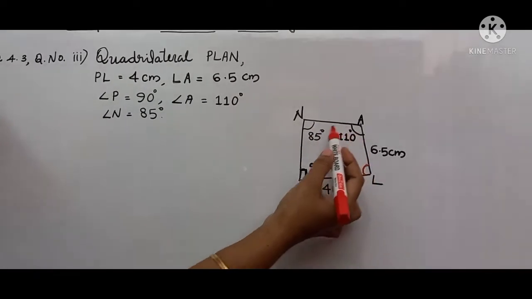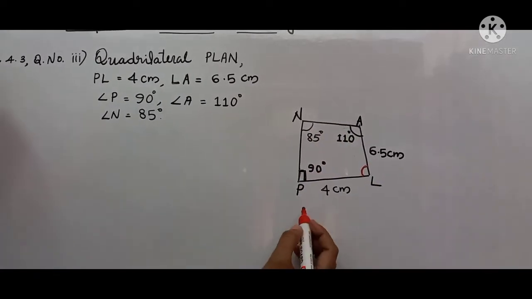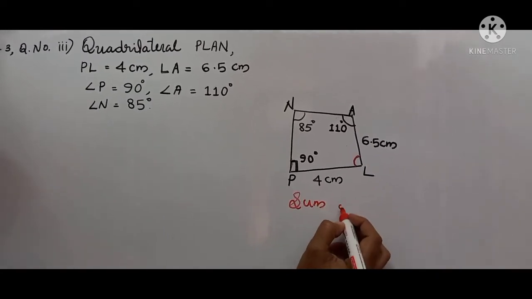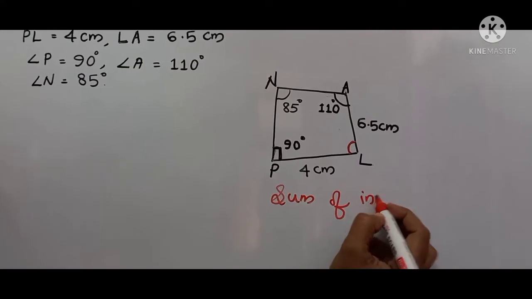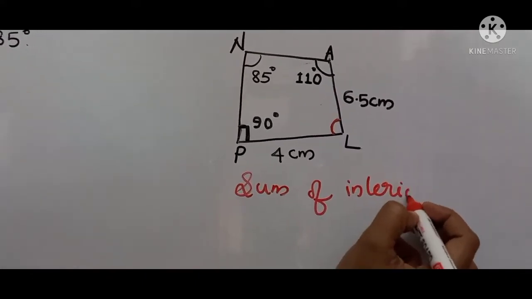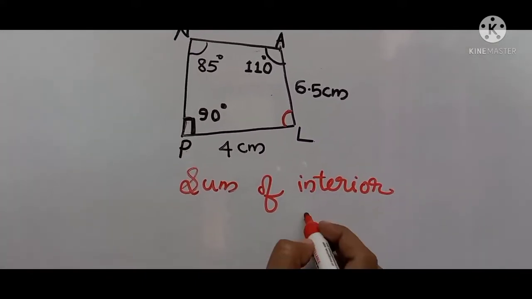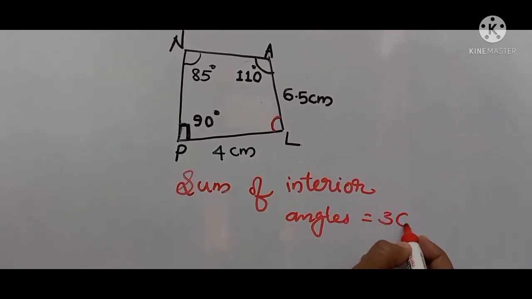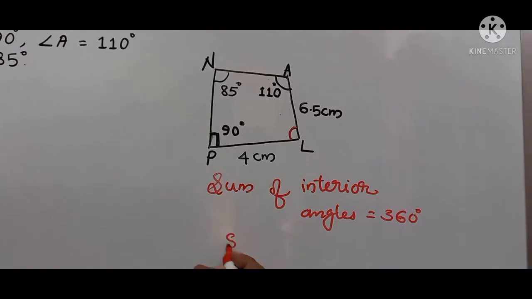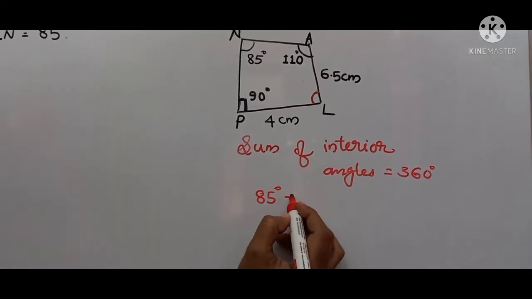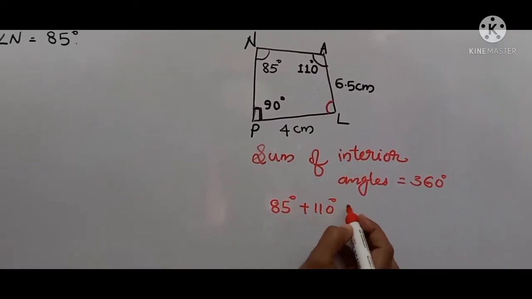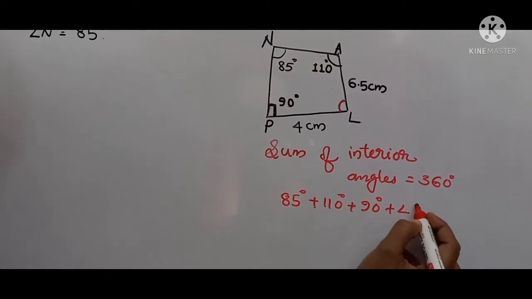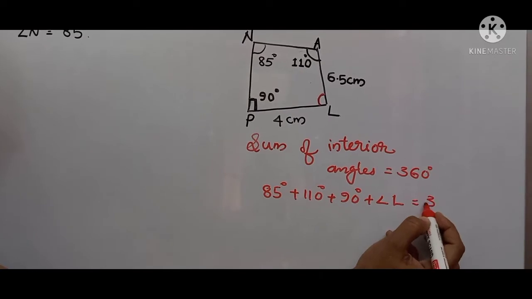It is easy. We know this is a quadrilateral, so the sum of interior angles of a quadrilateral is 360 degree. So we can add these given angles: 85 degree plus 110 degree plus 90 degree plus angle L is equal to 360 degree.